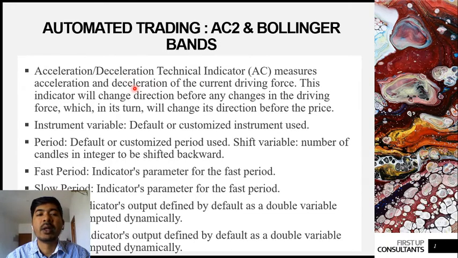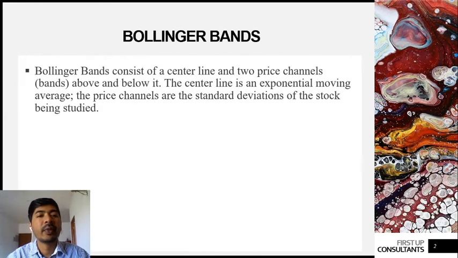It is a pretty simple tool where we try to measure the acceleration and deceleration of the current momentum in the underlying instrument. Accordingly, the value will be positive if the momentum is strong and the driving force is accelerating, and values will be negative if the momentum is bearish. And here are the parameters: periods, fast period, slow period, positive and negative values.